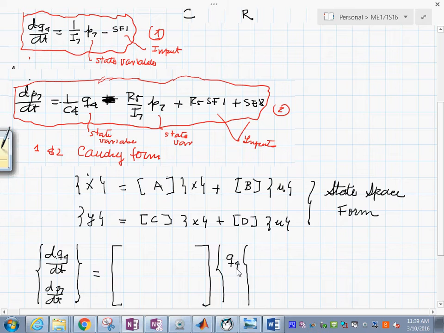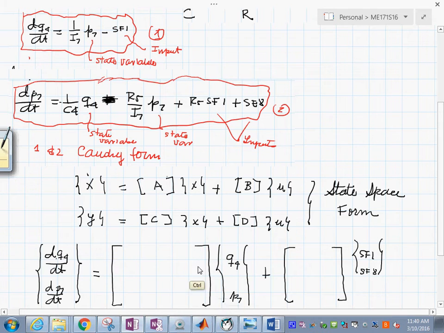If you are still a little puzzled about what I did, here's what I invite you to do. Multiply this row by this column, multiply this row by this column, and you should obtain this equation. So you see 0 times q sub 4, it's not there. 1 over I7 times P sub 7, yes, that. And then minus 1 times SF1, that's this. On the bottom one, this one in here for q sub 4 is going to have minus 1 over c sub 4.